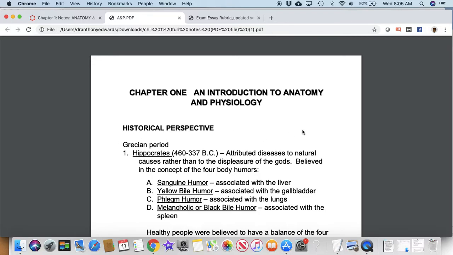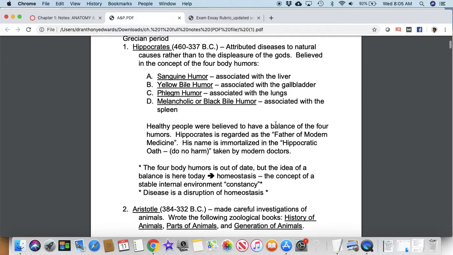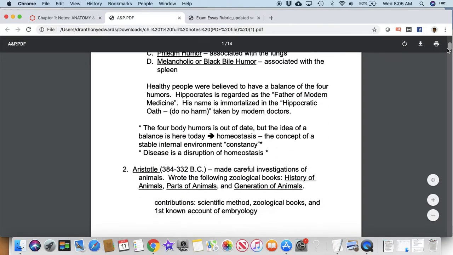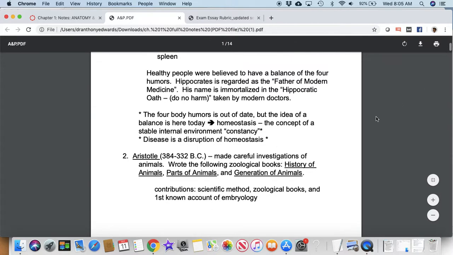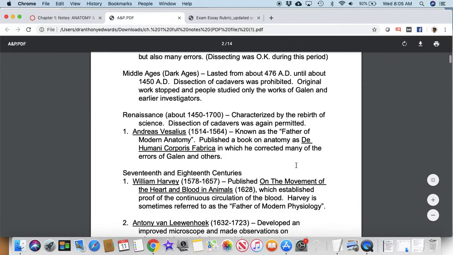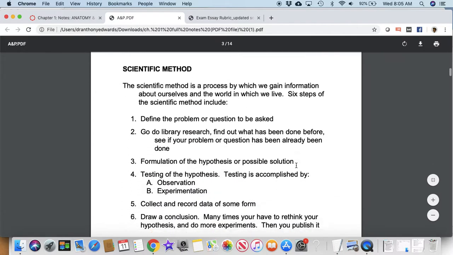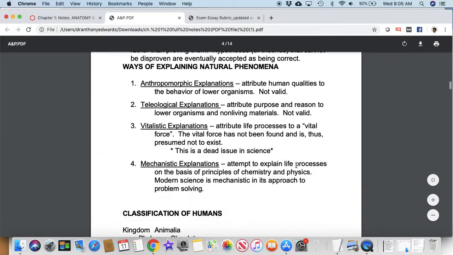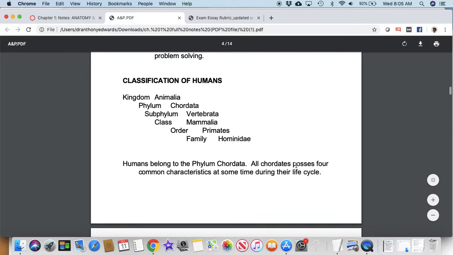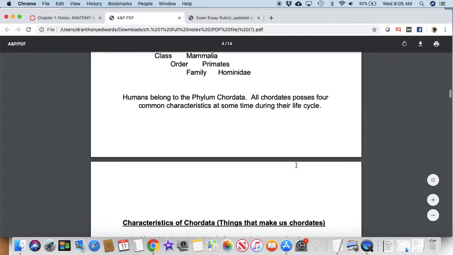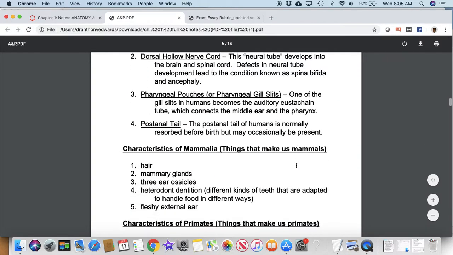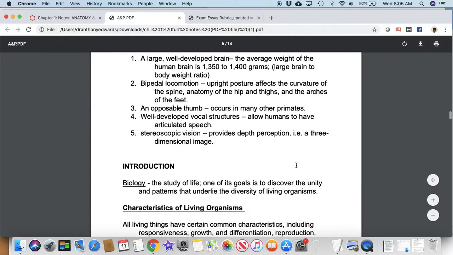If you look at pages 6 and 7, you'll definitely want to make sure that you know about the definitions of anatomy, physiology, and biology. You'll also want, on those pages, to be able to list and define 2 characteristics of living organisms.